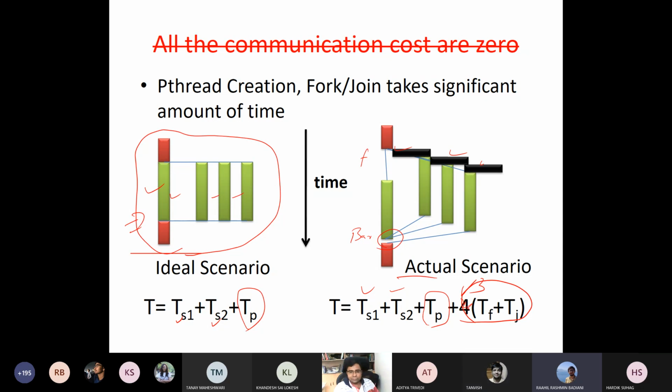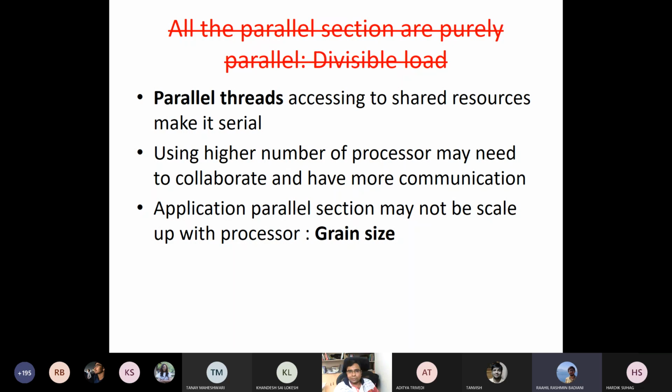Another thing: parallel threads accessing shared resources. We assumed all the parallel sections are purely parallel, divisible load. As we discussed just some days back, whenever you work in parallel or collaboratively and there is a shared resource, many threads accessing that shared resource need to be serialized.